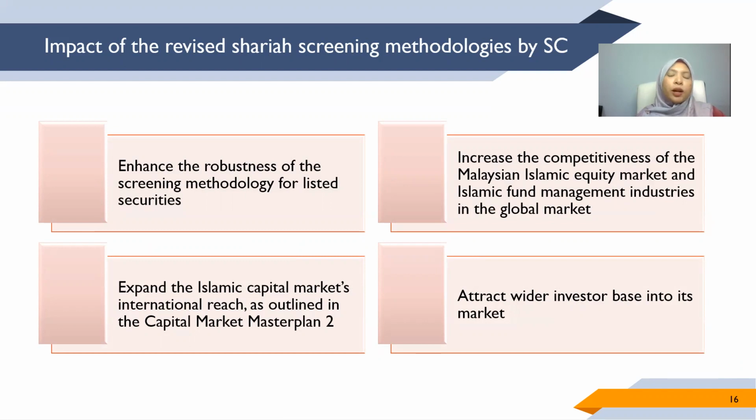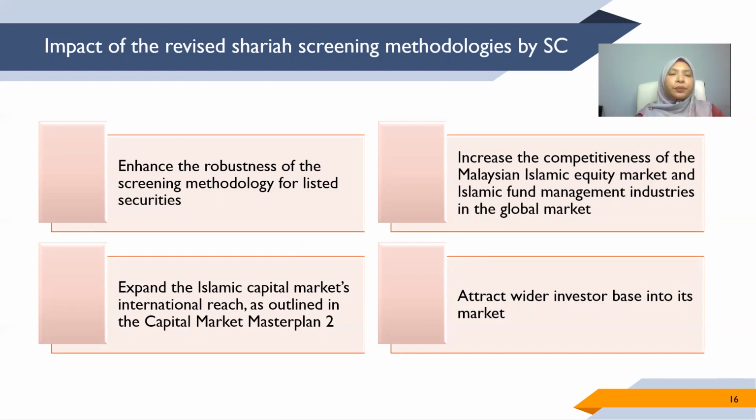From the Shariah perspective, the Shariah will be strengthened in the calculation itself, so the element of Shariah non-compliance will be minimized and Shariah-compliant activities maximized. That will be more Islamic than before, because the Shariah percentage is increased.